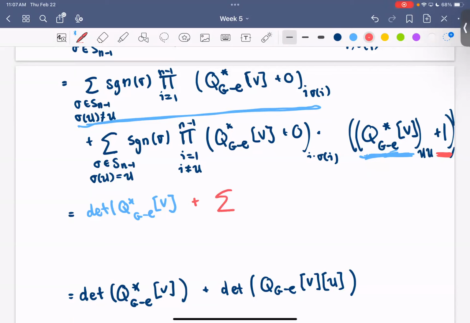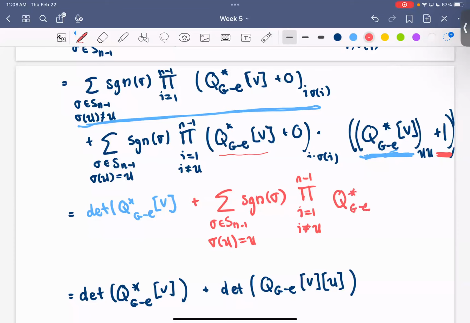That's plus the sum over permutations that fix U. We can think of that as permutations from S_{n-2}, because we're just ignoring the U. So sgn sigma, and then the product as I goes from, I'm going to write this out the way that it is, sigma of U, so that fixes U. We're going product I not equal to U up to n minus 1, and then we just get this part: Q^T G minus E star of V, and we're taking the I, sigma I entry of that.